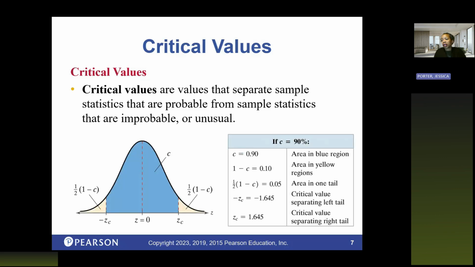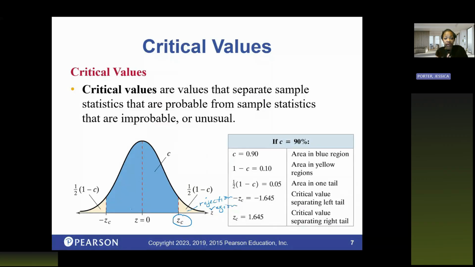All right, what does this look like? If we have a confidence level of 90%, what we'll do is find the rejection region, as we'll call it. And this critical value is going to define where we will reject and where we will fail to reject.